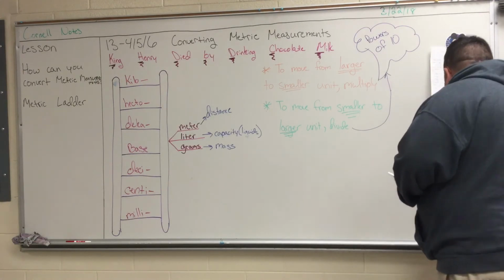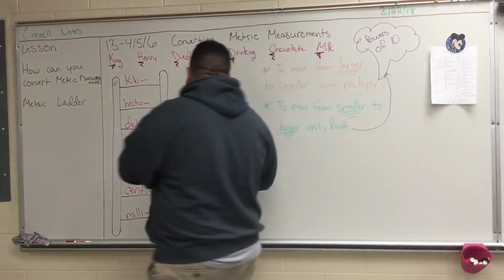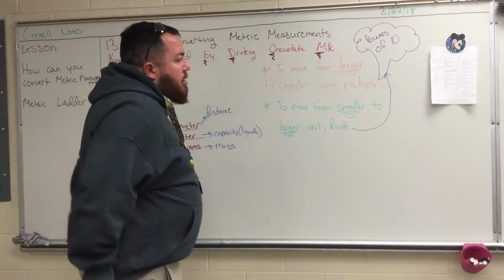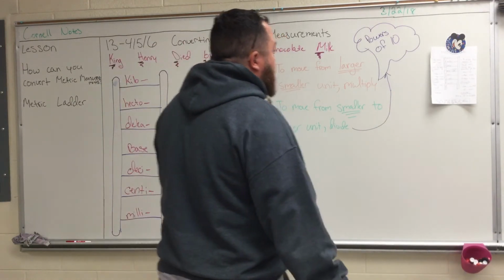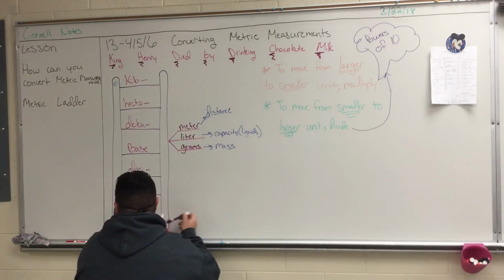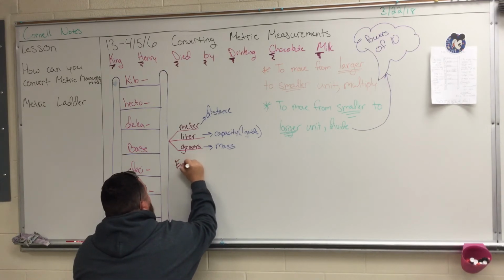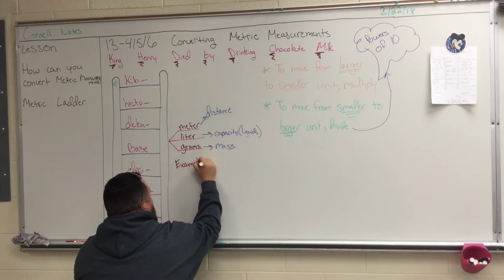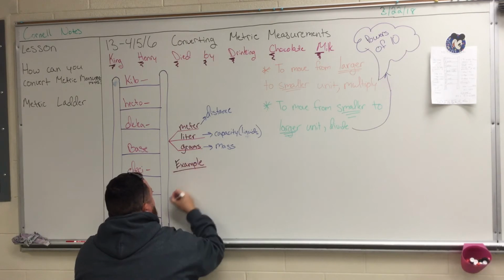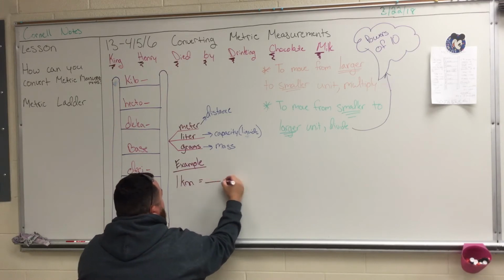And let me see if I got room down here. So, our first example is we're going to turn a kilometer into a meter. Okay? So let's go down here and let's write example. Okay? 1 kilometer equals how many meters?